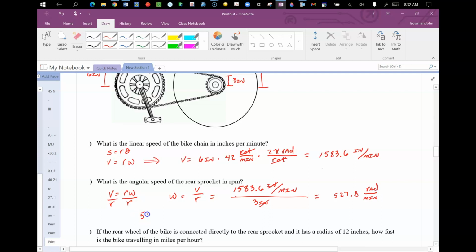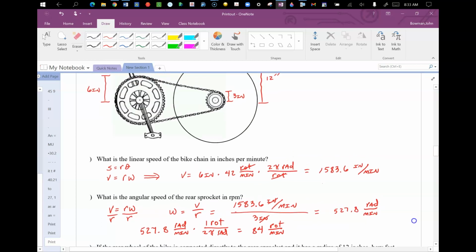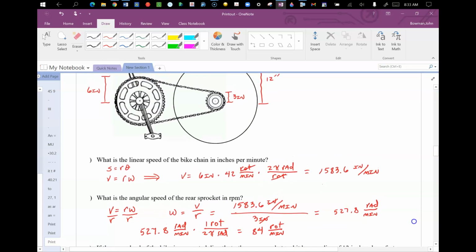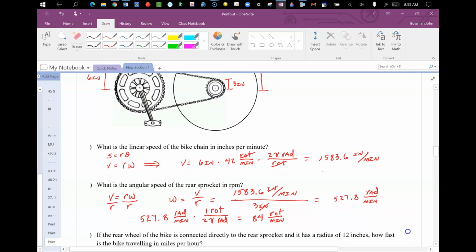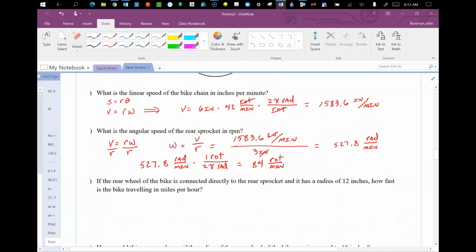So we take our 527.8 radians per minute, and we multiply that by 1 rotation for every 2 pi radians, and we get an answer of 84 rotations per minute, which you will see is twice that of the front sprocket, and that's because the radius of the back sprocket is half that of the front sprocket.